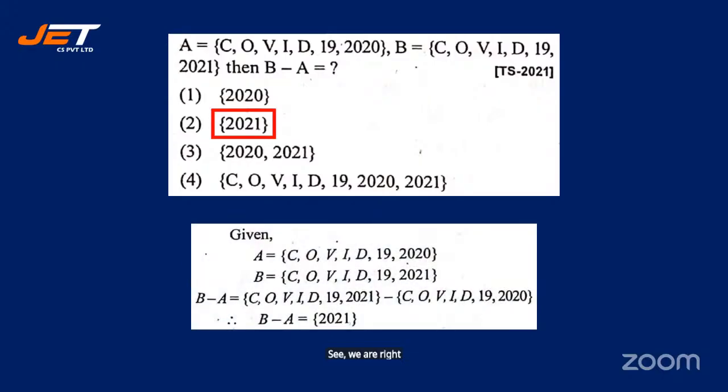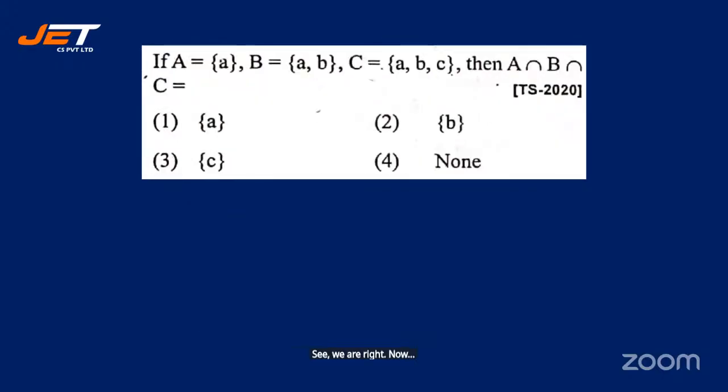Now, right, next. We have A is equal to set A, B is equal to A, B, C is equal to A, B, C. Then what is A intersection B intersection C? Right?